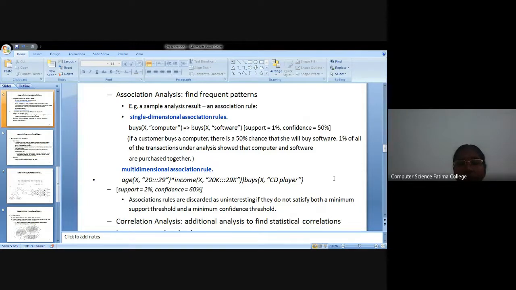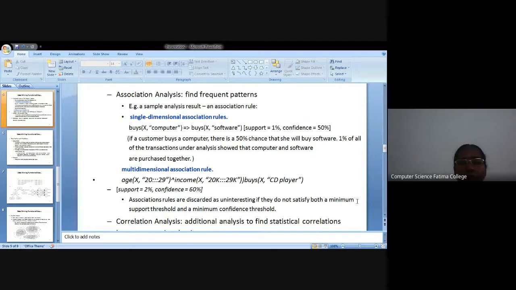Support and confidence are the metrics of an association rule. Association rules are discarded as uninteresting patterns if they do not satisfy the minimum support and minimum confidence thresholds.